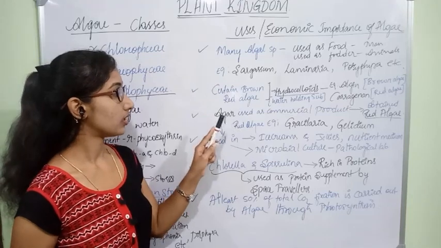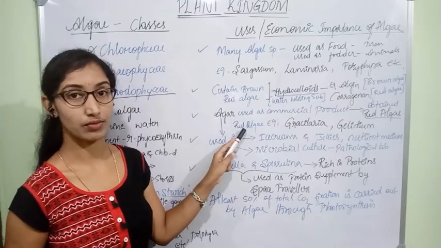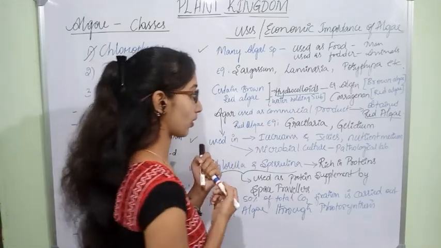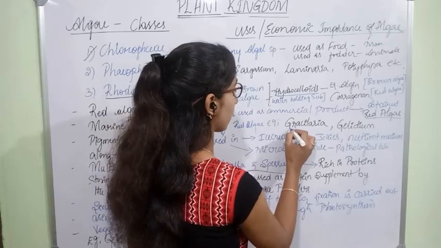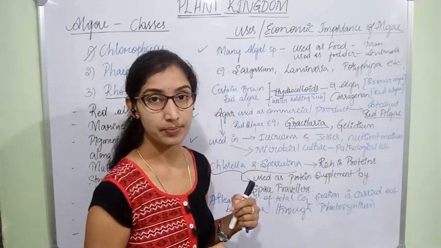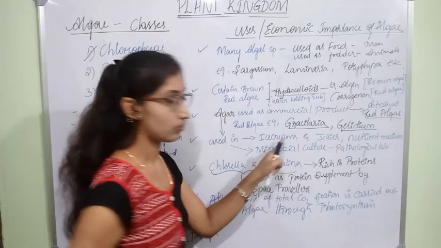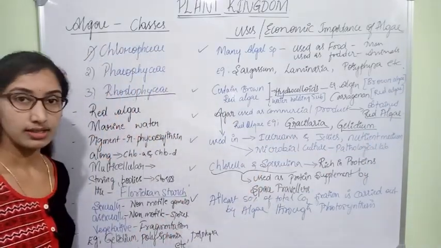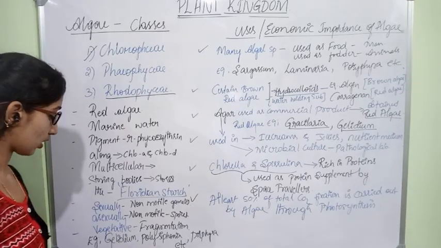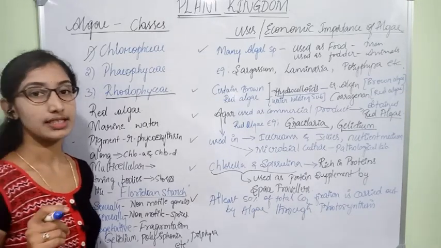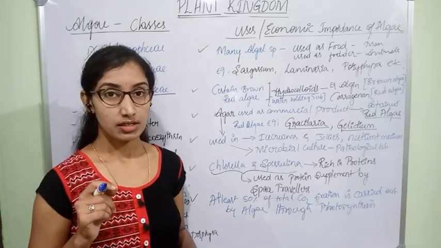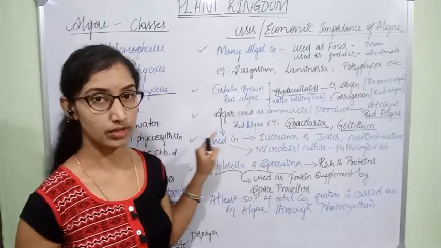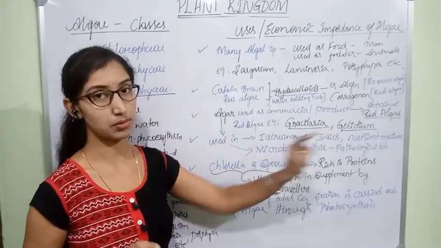The red algae used for the preparation of agar are Gracilaria and Gelidium. We mentioned both examples just now, Gracilaria and Gelidium. These are the red algae which are used in the preparation of agar, the most commercial product.